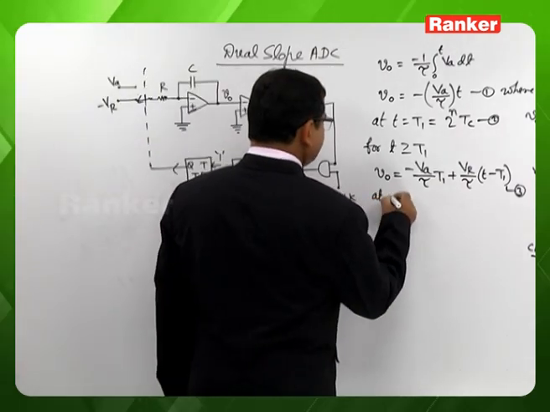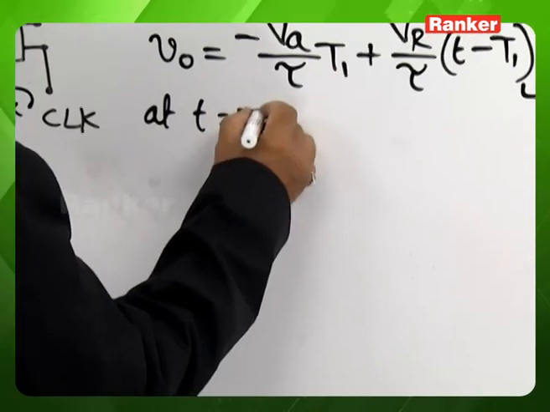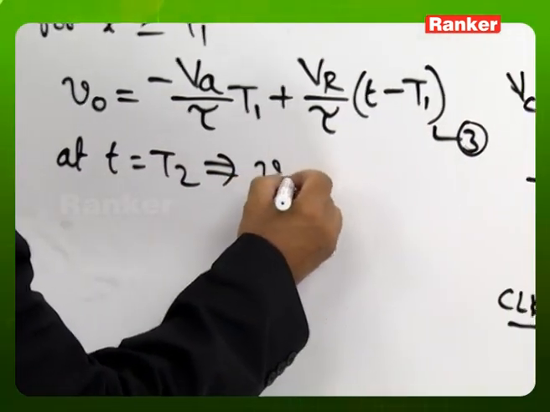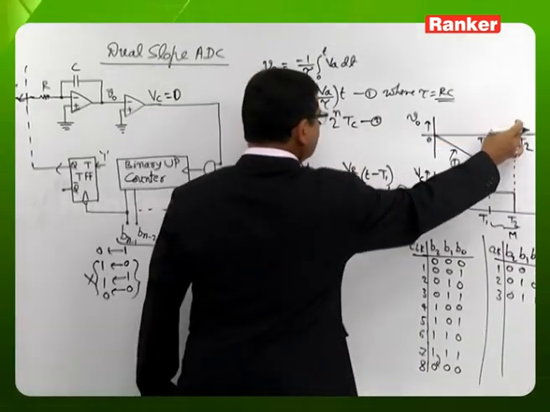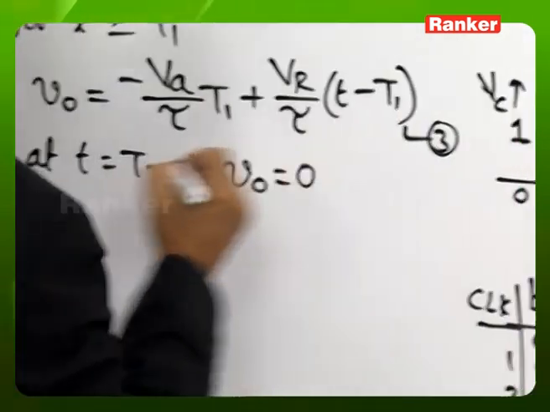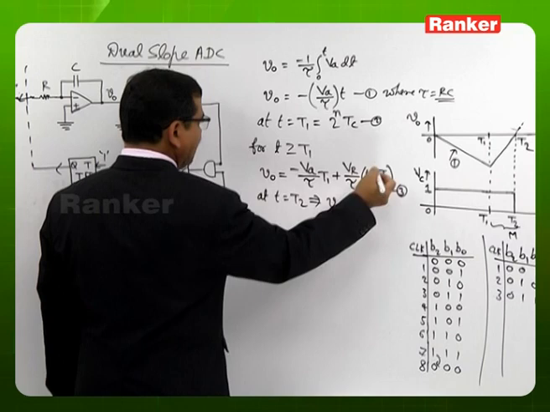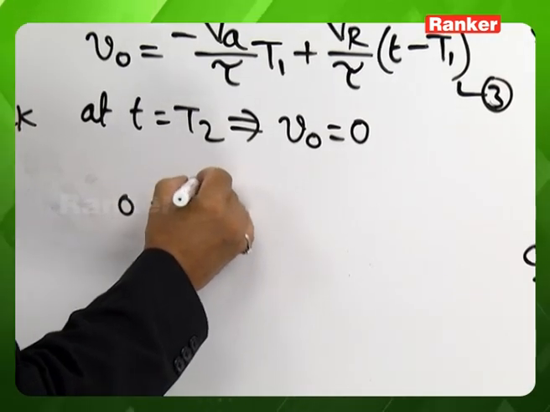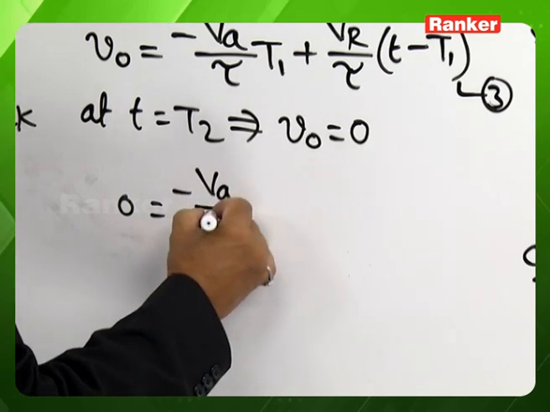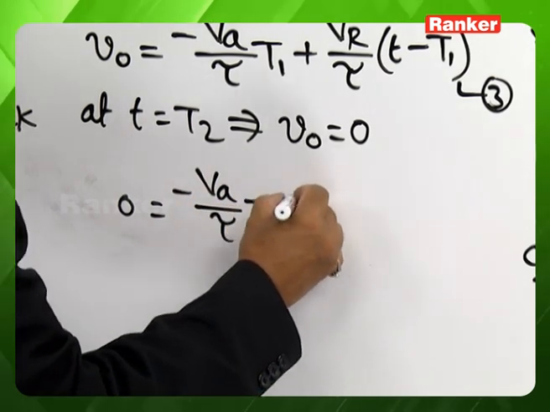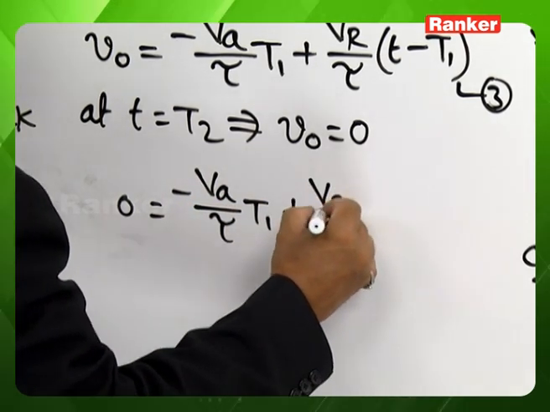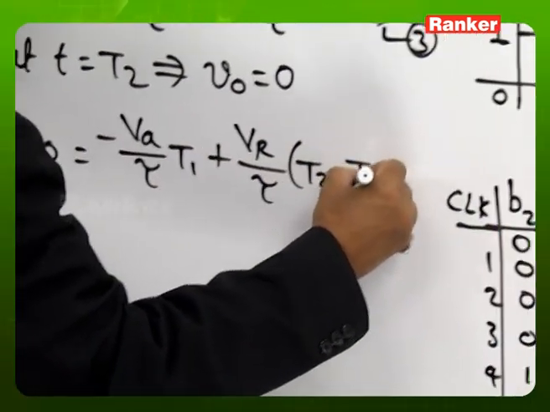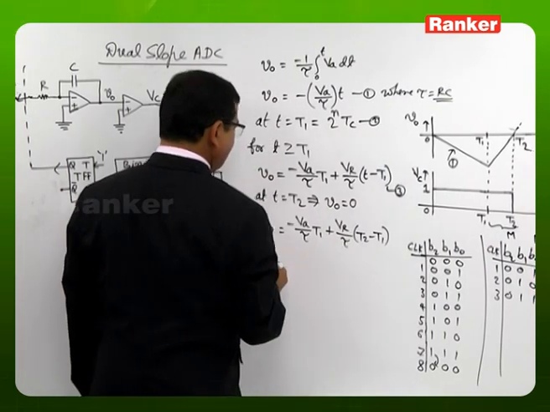At T equal to T2, from this equation 3, VO must be 0. So while substituting these values in this equation 3, we are looking at 0 equals minus VA by tau into T1 plus VR by tau into T2 minus T1.